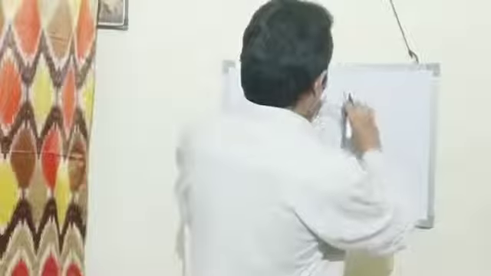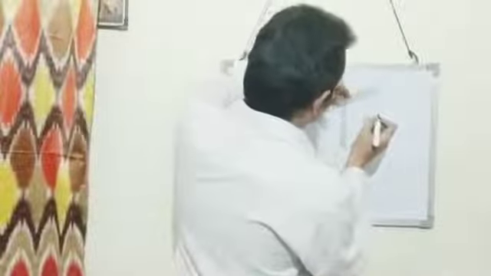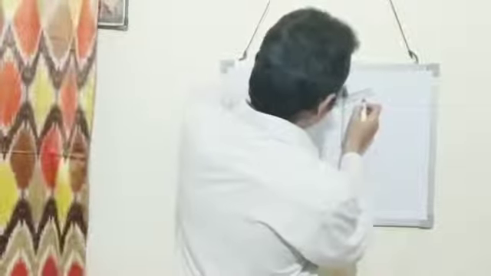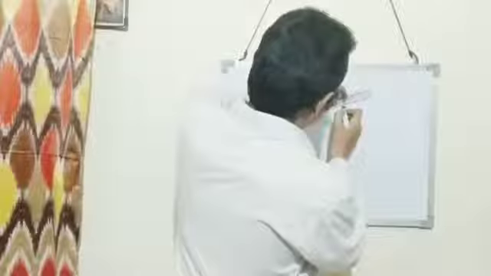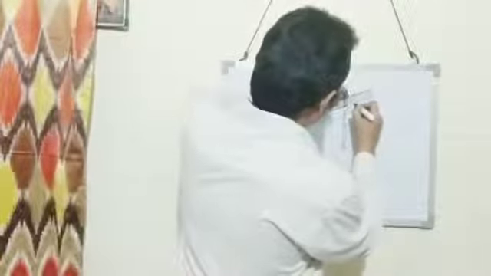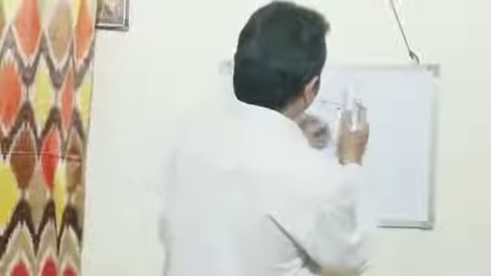This is one incident ray, and this reflected ray should appear to go through this point. So this is a reflected ray. This reflected ray on producing backward will appear to go through this point. This is the reflected ray.